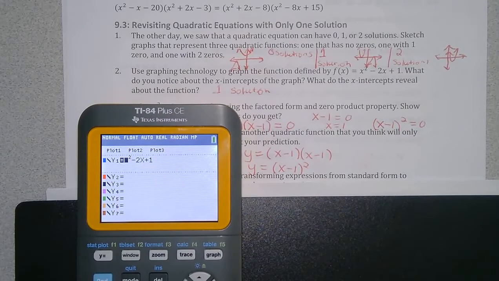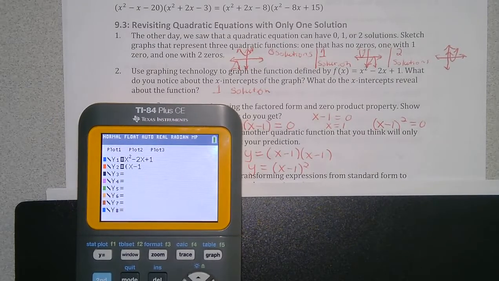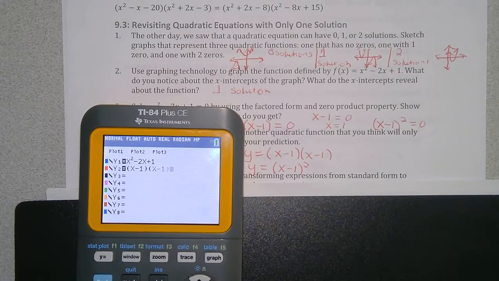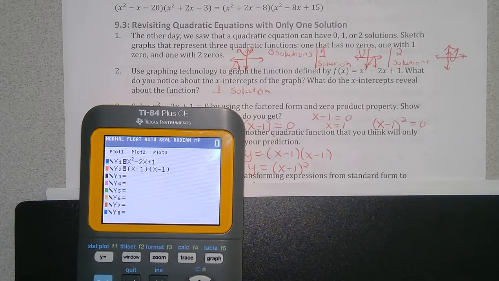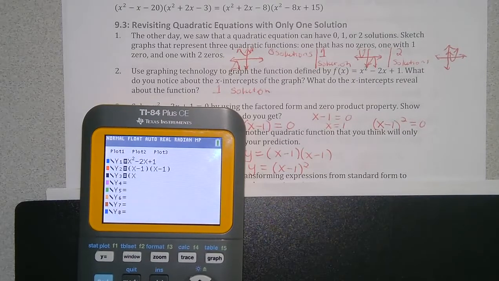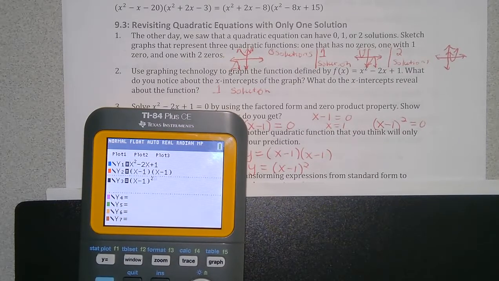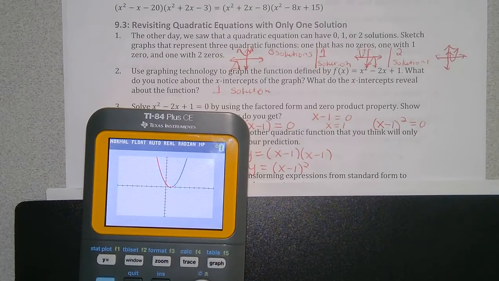So I'm going to press y equals and then plug in x minus 1 times x minus 1. And then here, x minus 1, and then raise that up to the second power, and then graph it. And I notice all three of those are the same.